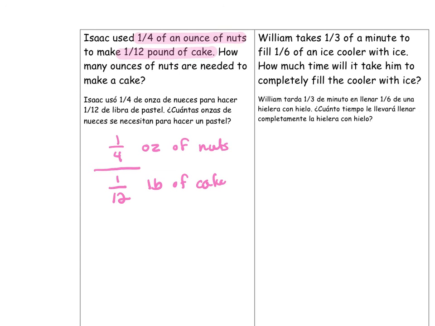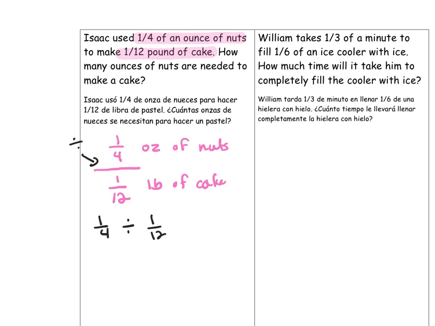But here's the fabulous news. Just because it looks terrible, I'm still going to use that as division. So I'm going to take 1/4 divided by 1/12. And recall, you're going to be able to use your calculator for this.